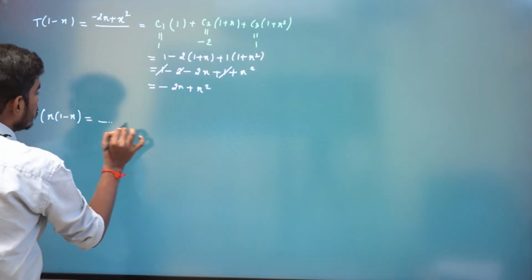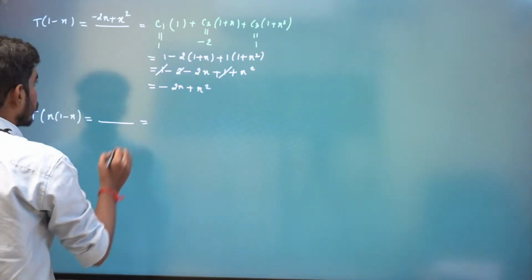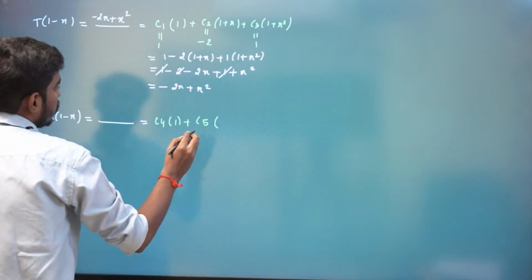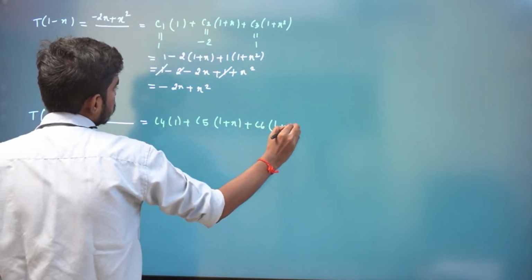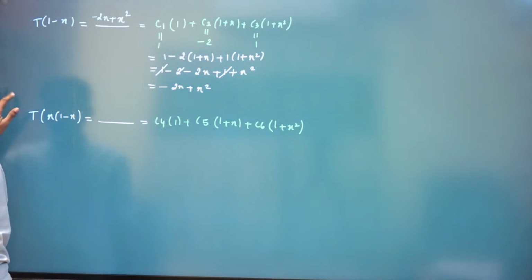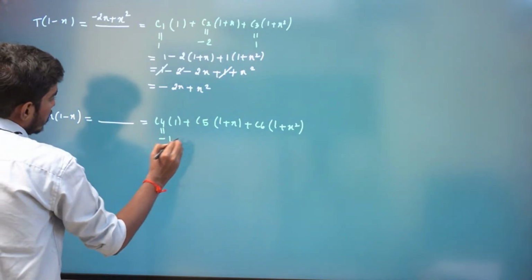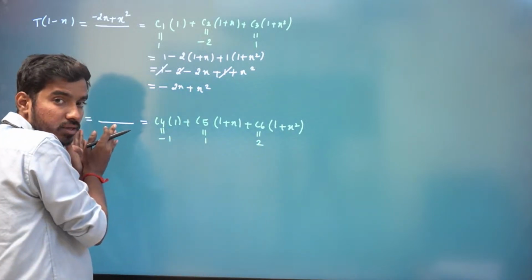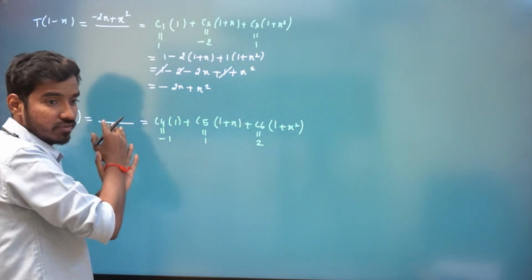Now we don't know what this is, but it can be written as a linear combination of C4 times 1 plus C5 times 1 plus x plus C6 times 1 plus x square. So your C4, C5, C6 turns out to be minus 1, 1, 2. Yes or no? This is how usually you find C4, C5, C6 by equating, but we are doing vice versa.